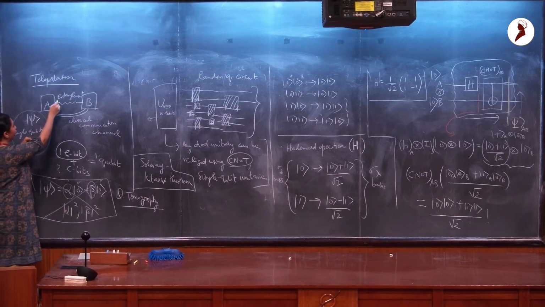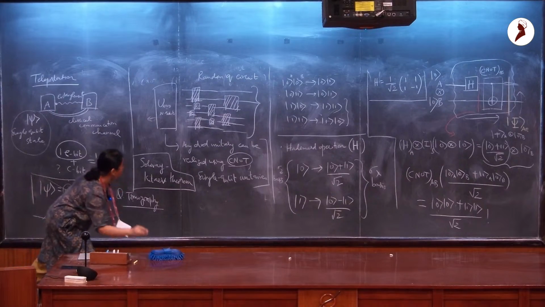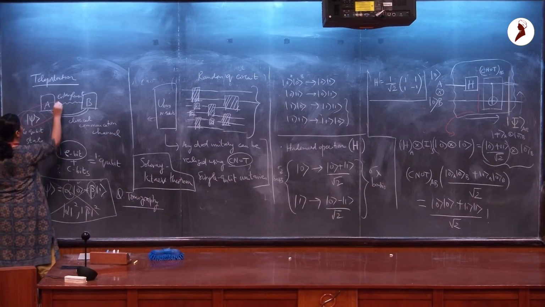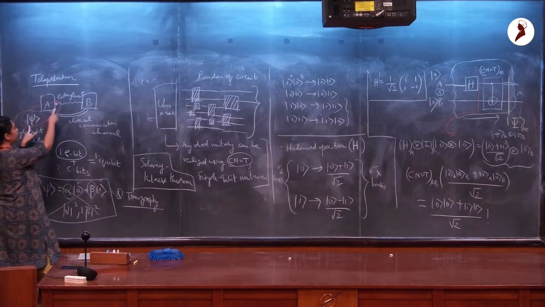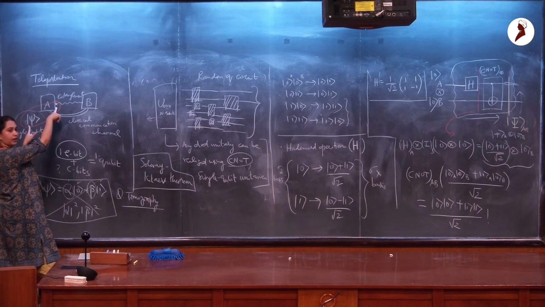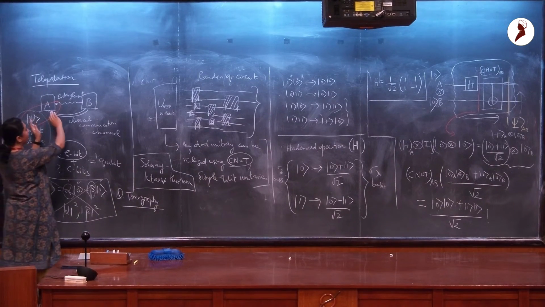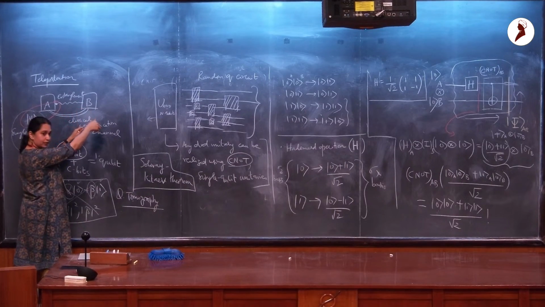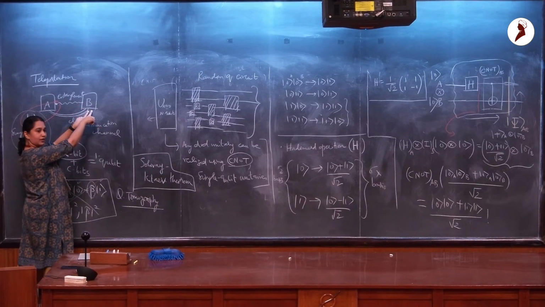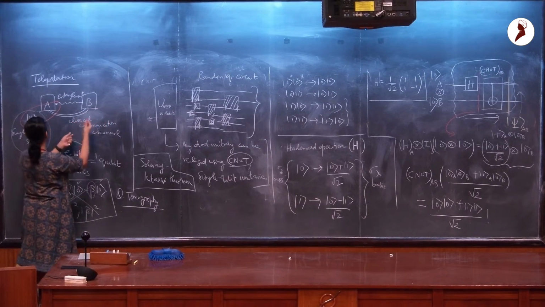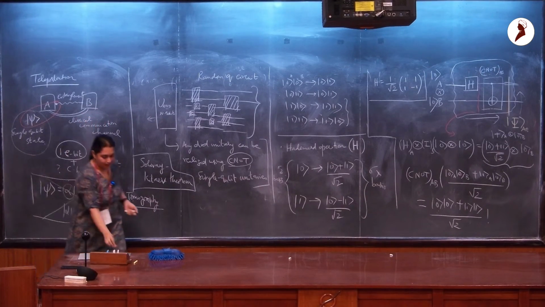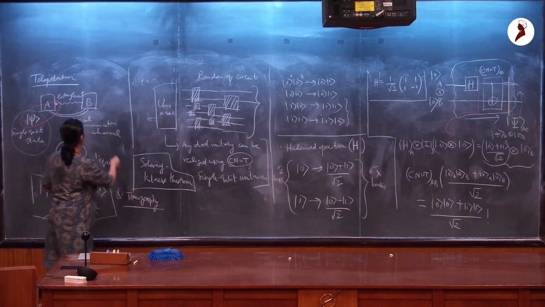And just by performing such a joint operation between this unknown qubit and her half of the entangled state, A is able to collapse B's state in such a way that B can then simply realize the same state in his lab.